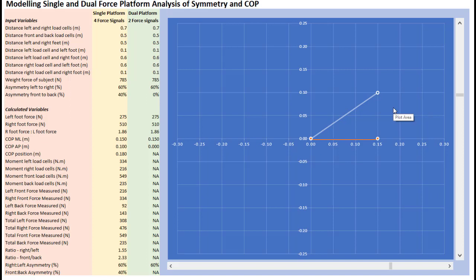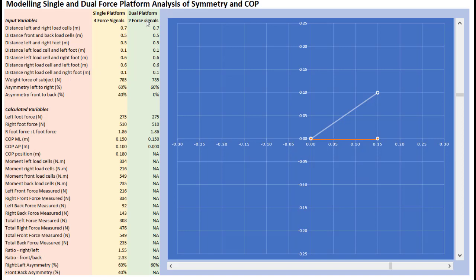So in summary, single platforms and dual platform systems have their advantages and disadvantages. Certainly a single platform with 4 force signals can accurately track the center of pressure with weight shifts in both the anterior posterior and mediolateral planes. And this, of course, is excellent for determining asymmetries between the left and right as well.